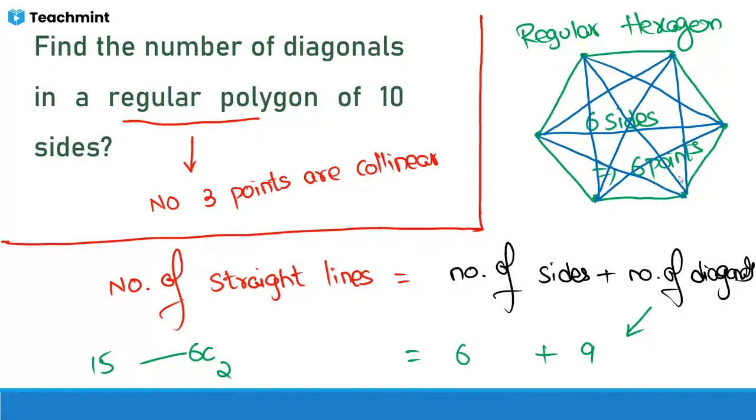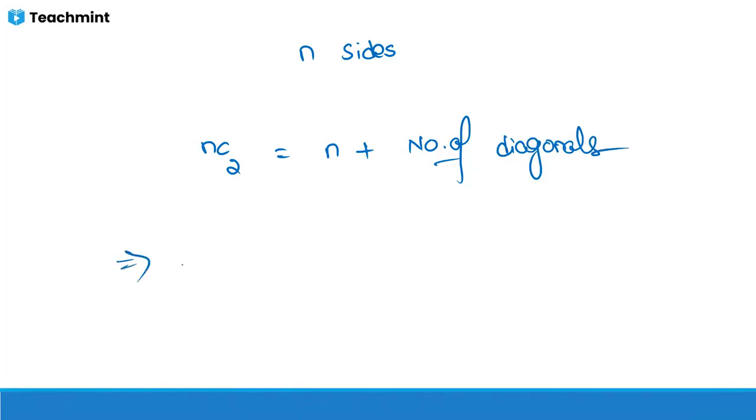Now see how you can derive the formula. If a polygon has n sides, the number of straight lines is nC2, the number of sides is n, and the rest is the number of diagonals. The formula you can find in many textbooks for the number of diagonals of a regular polygon does not give nC2 minus n.